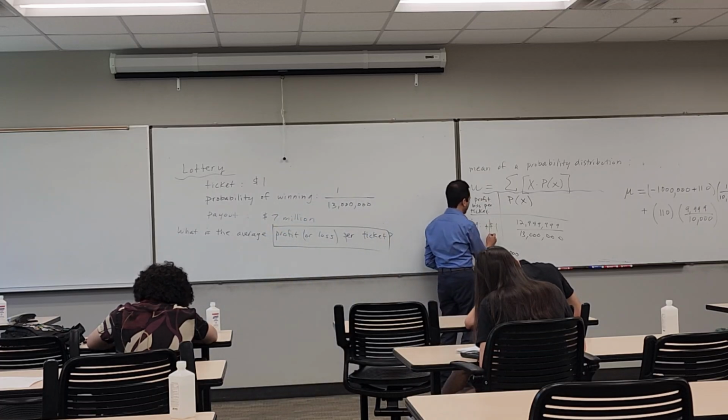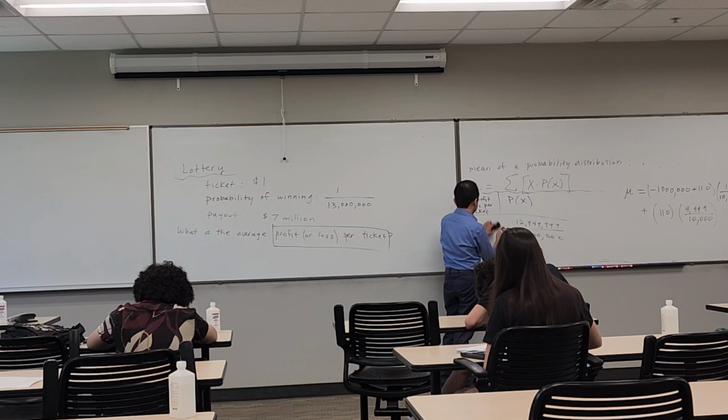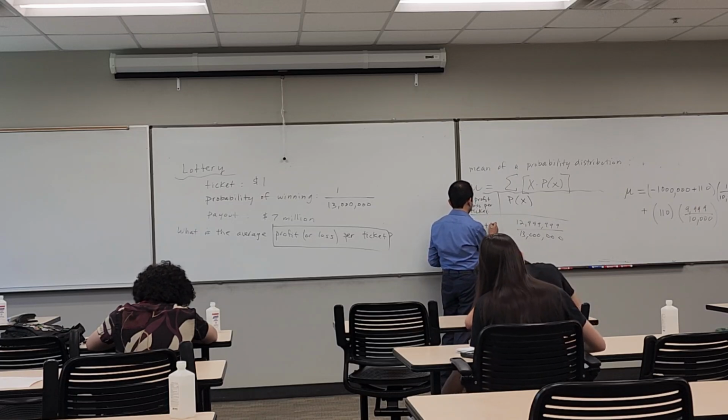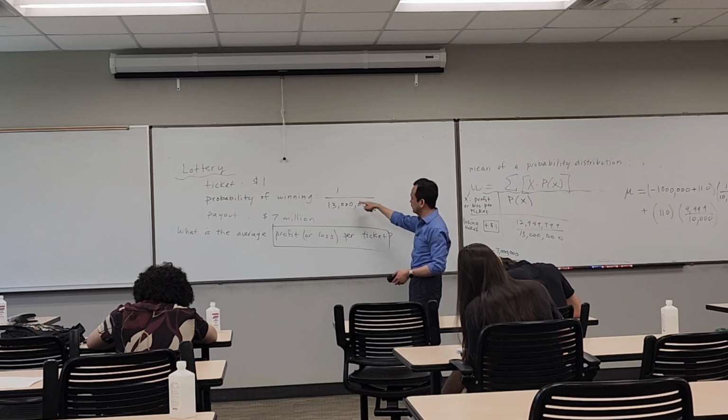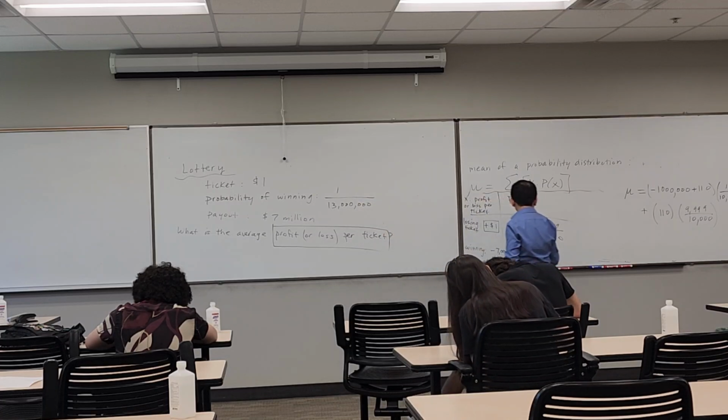And then what's the probability of that happening? Yeah, so the probability of a winning ticket is 1 in 13 million.